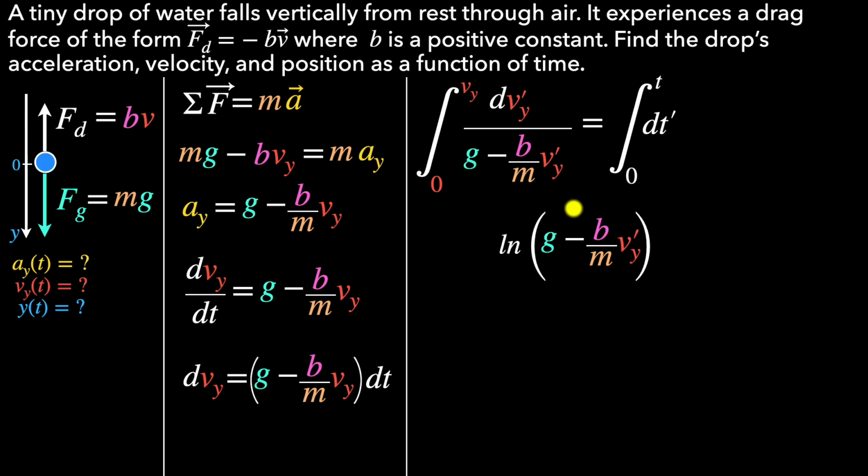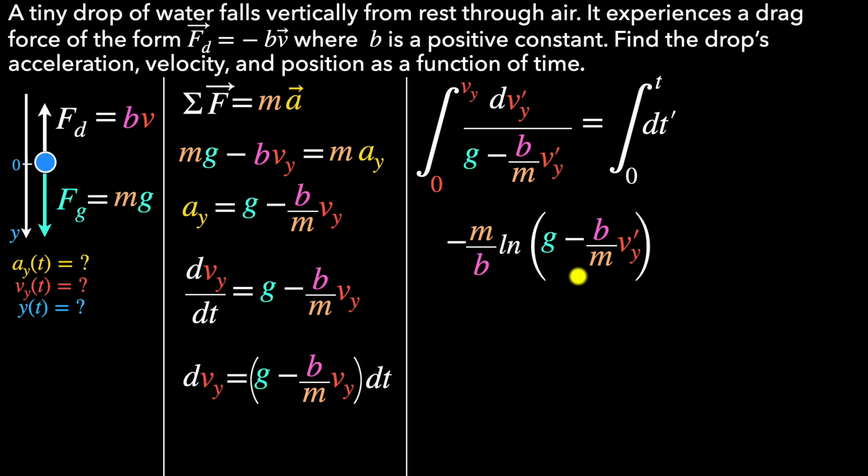But of course, if you were to differentiate this, you'll get 1 over this number times this constant would get pulled out. Remember, when you're differentiating, that's the chain rule. So to get rid of that, we need to multiply by minus m over b. Again, feel free to pause the video and differentiate this with respect to t to convince yourself you'll end up with this expression itself, okay?